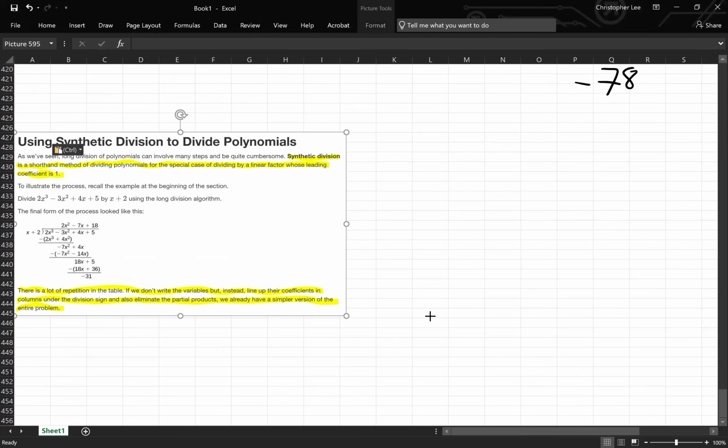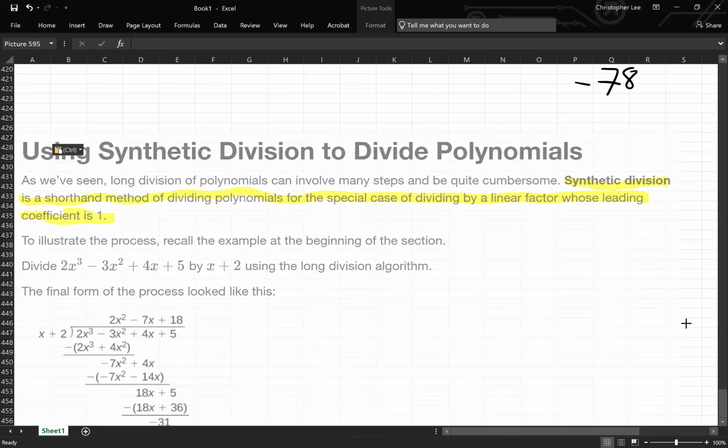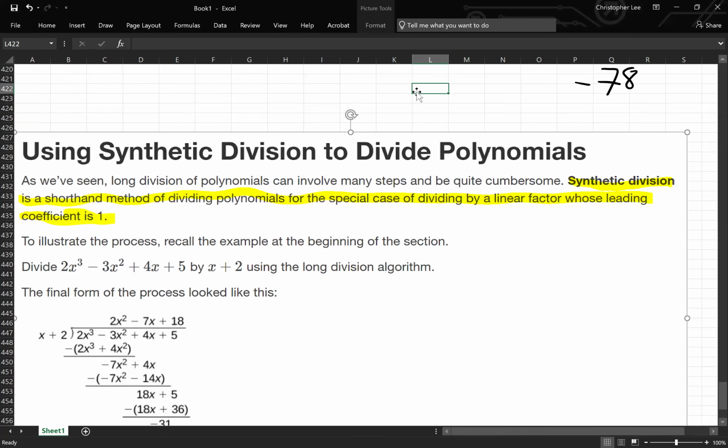So we're going to be using synthetic division to divide polynomials, right? As we've seen, long division of polynomials can involve many steps and be quite cumbersome. Synthetic division is a shorthand method of dividing polynomials for the special case of dividing by a linear factor whose leading coefficient is what?